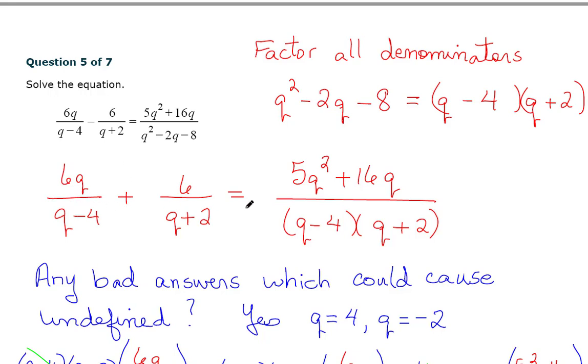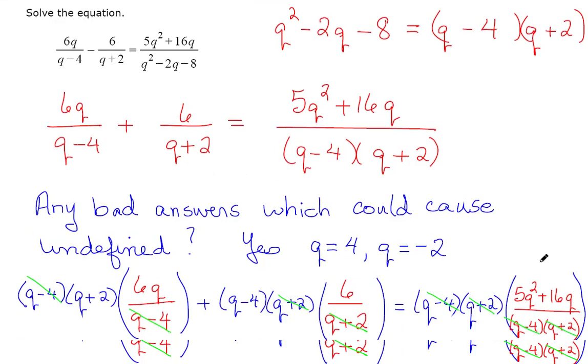All right, so now that everything is factored, I'm wondering, is there any numbers that I could plug in for q that would make my whole problem undefined? Remember, undefined comes about whenever you have 0 in the denominator.